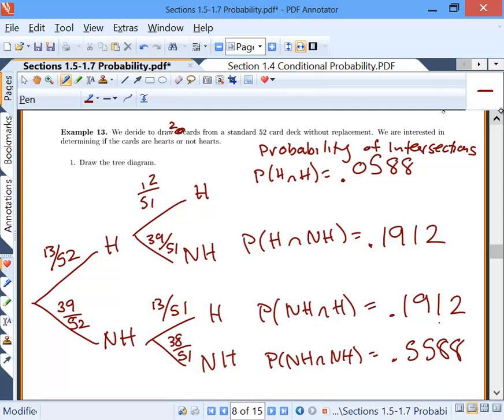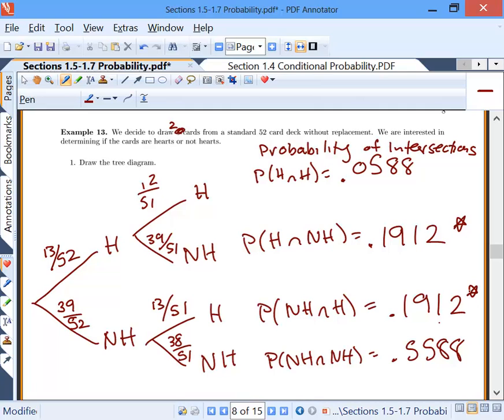So the next question asks us, what is the probability of getting exactly one heart? So we just need to look at it and say, well, which of these things have exactly one heart? So does the first branch have exactly one heart? Okay, what about the next one? Yes? Okay, what about the next one?